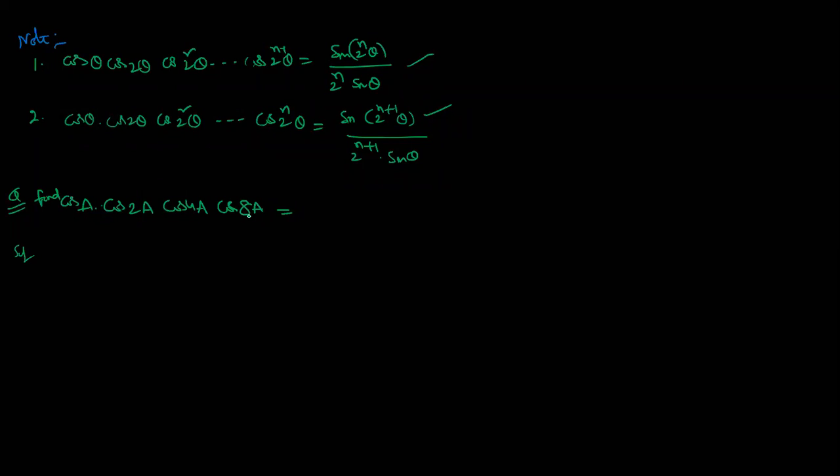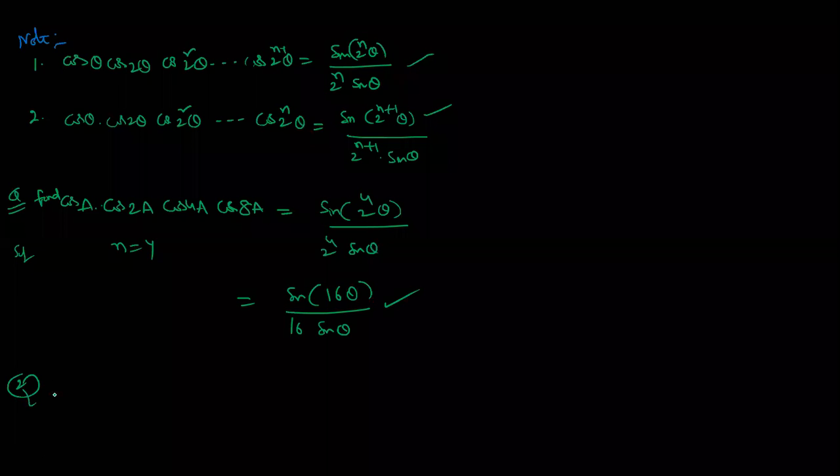So here n is how much, dear students? 4. So what is the answer? So sin 2 power 4 theta by 2 power 4 sin theta. Yes, that is sin 16 theta by 16 into sin theta.